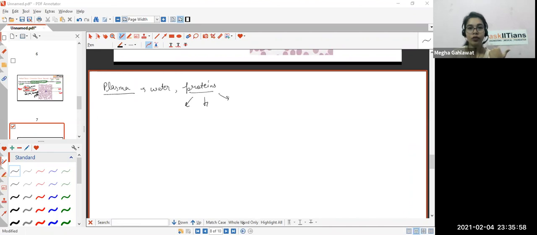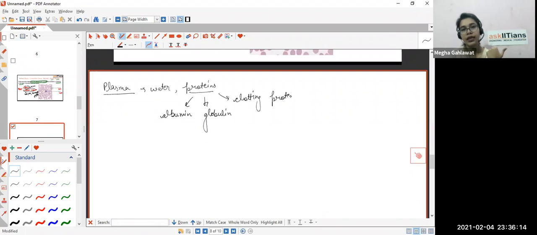We have the albumin, and then we have the different kinds of clotting proteins. Albumin, globulin, and the clotting proteins.